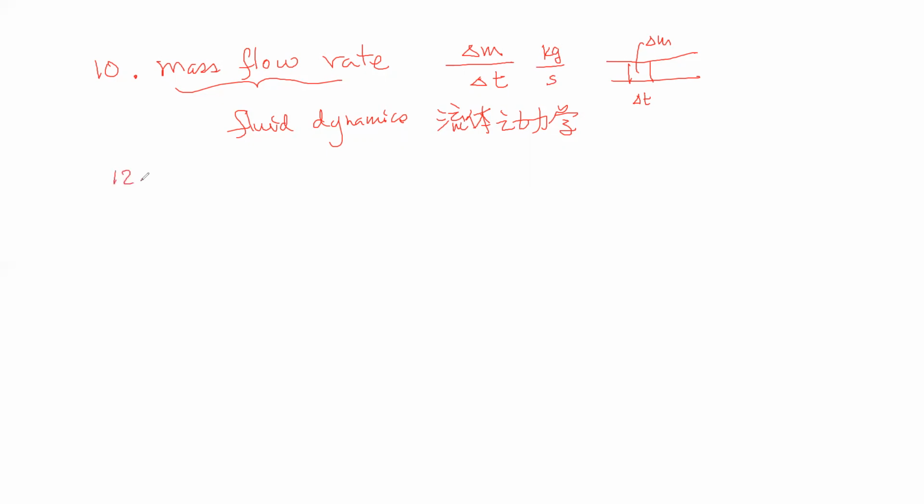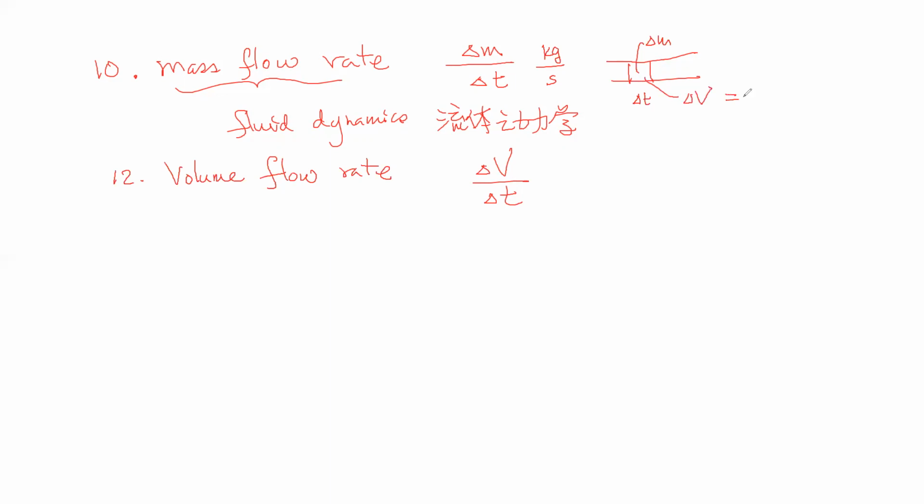And number 12, we're going to say volume flow rate. So volume flow rate is going to be delta V over delta T. Right? So it's how much volume. So instead of mass, we're saying, well, how much volume is it, like right here, right?